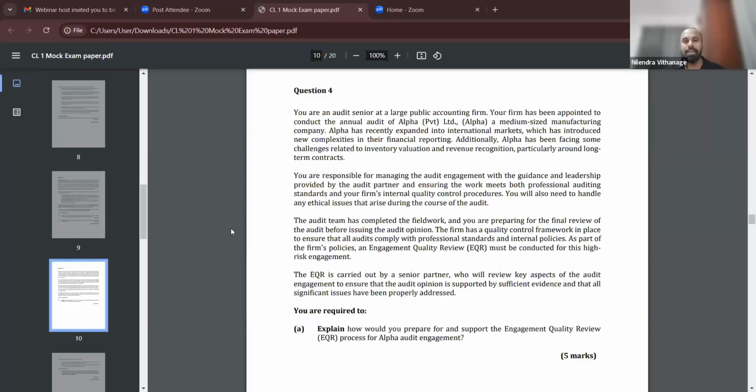The engagement quality review is carried out by a senior partner who will review key aspects of the audit engagement to ensure that the audit opinion is supported by sufficient evidence and that all significant issues have been properly addressed. Explain how you would prepare for and support the quality review process of the Alpha engagement.